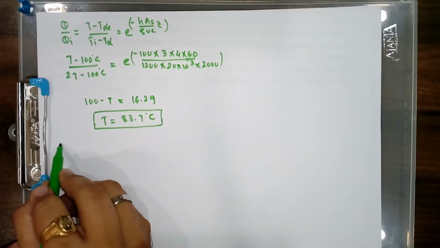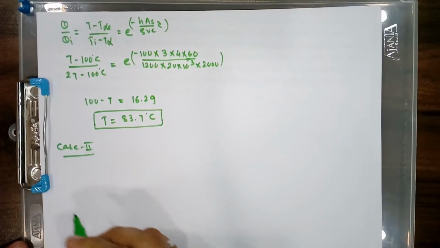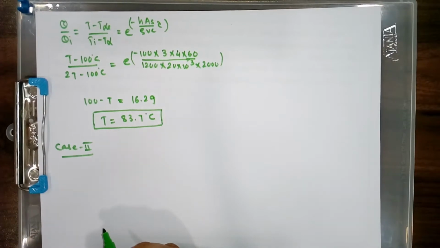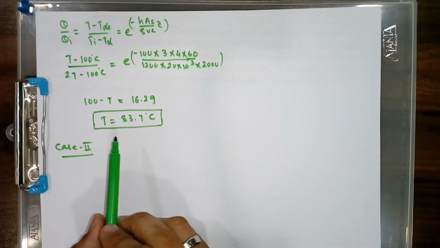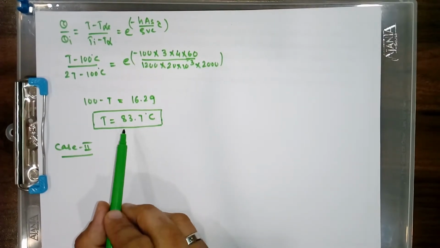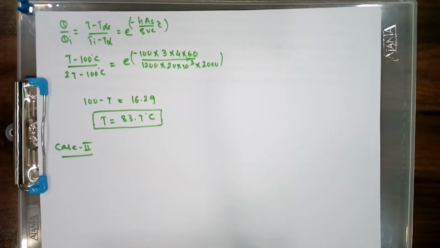Now we go to analyze case 2. In case 2, we need to calculate the time required to reach the same temperature. So we need to reach from 0 to 83.7, and we need to calculate the time required.